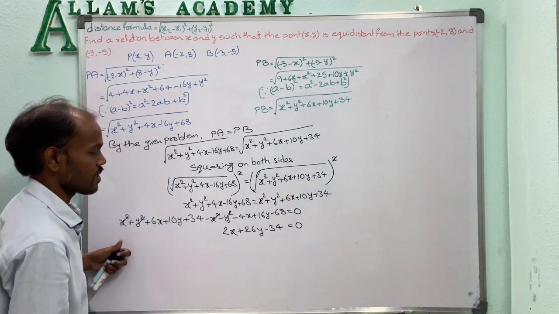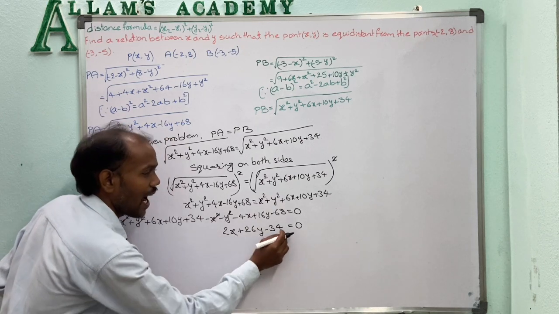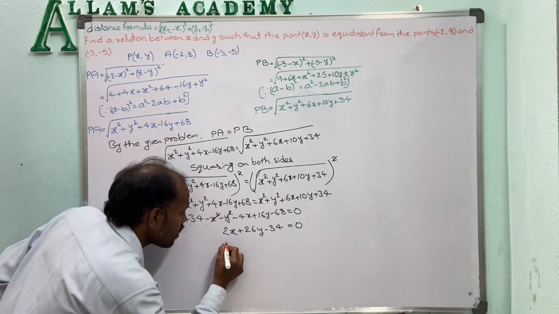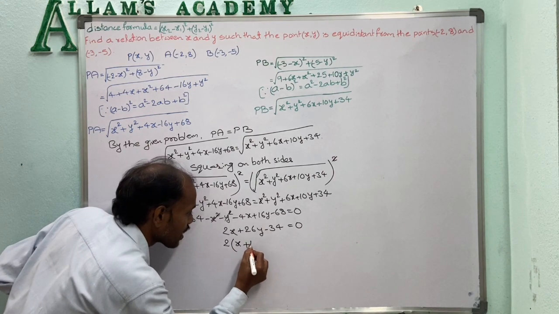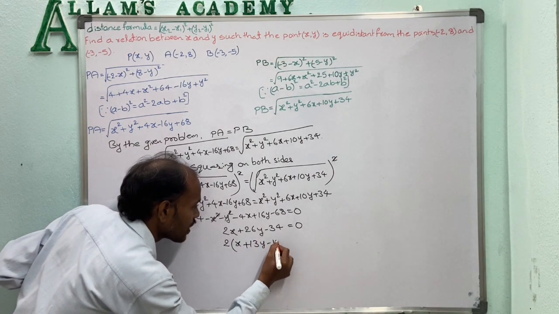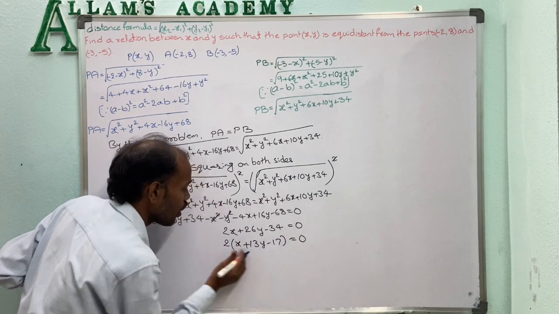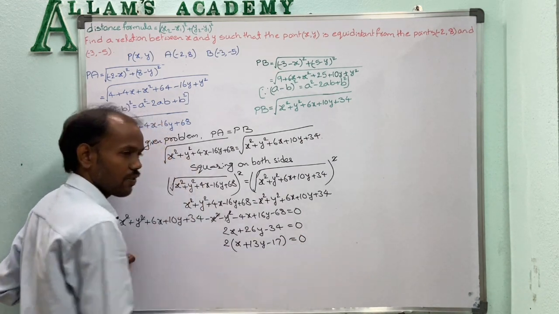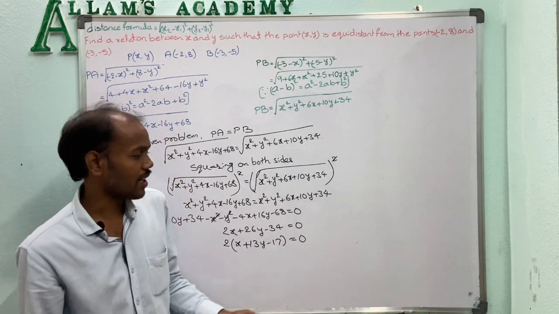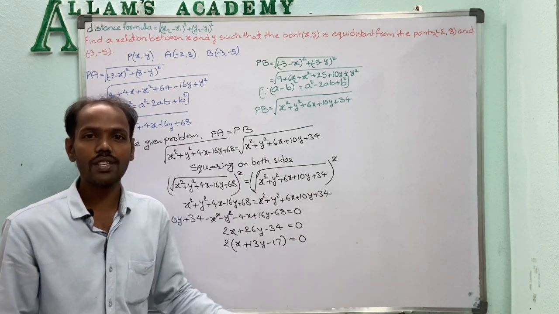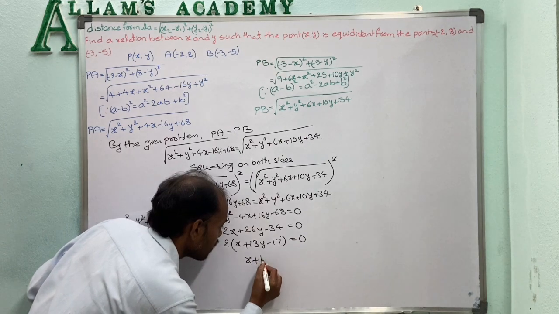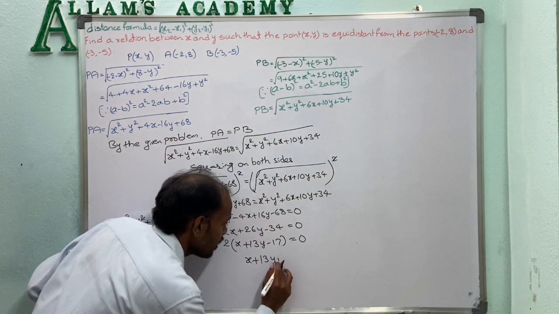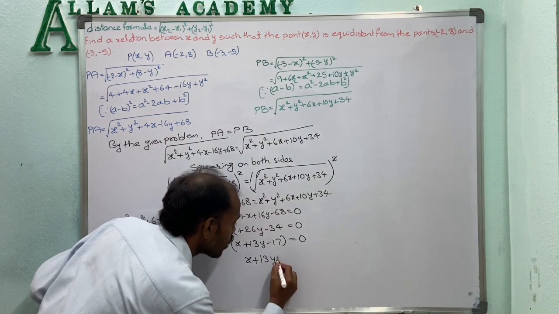That means 2 is the common factor. So taking 2 common, 2 into x plus 13y minus 17 is equal to 0. Now this multiplication is transferred to the RHS as division, so 0 by 2 is nothing but 0 only. So here we get x plus 13y minus 17 is equal to 0.